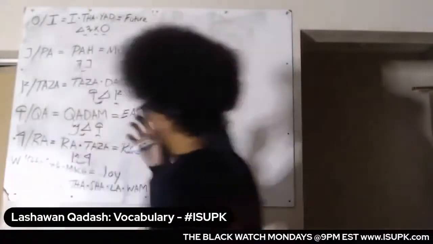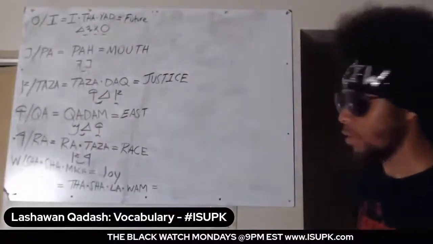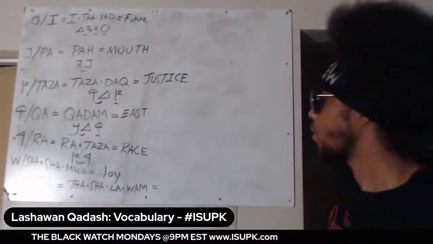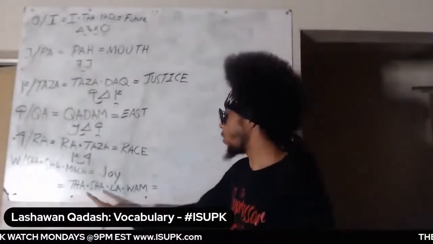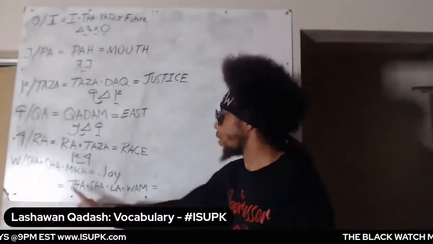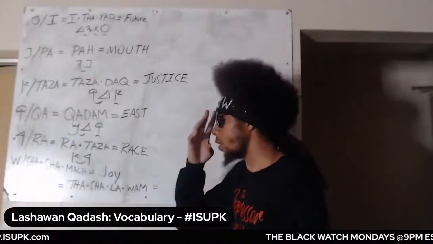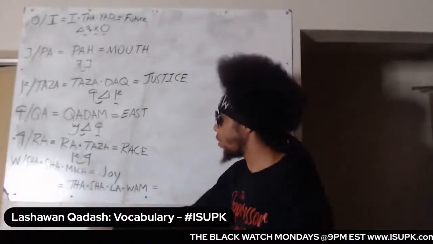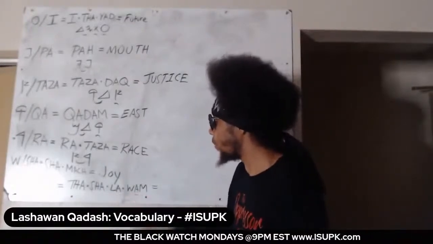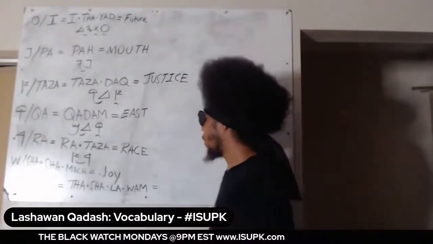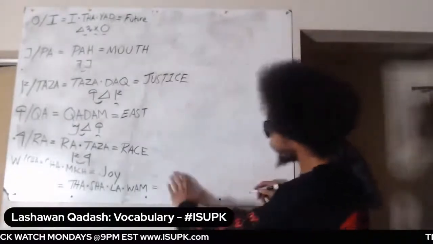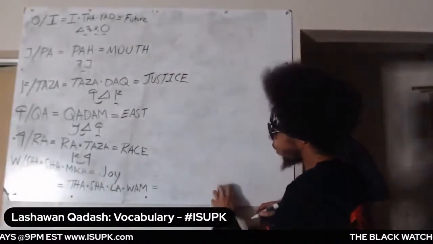All right. This one's a little longer. It's going to be Thashalawam. Thashalawam is how I would say it all together. Now the Hebrew, I'm going to write it out right here, and I'm going to write out what it means actually.